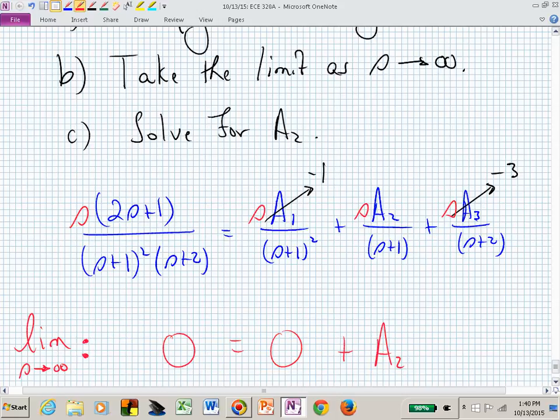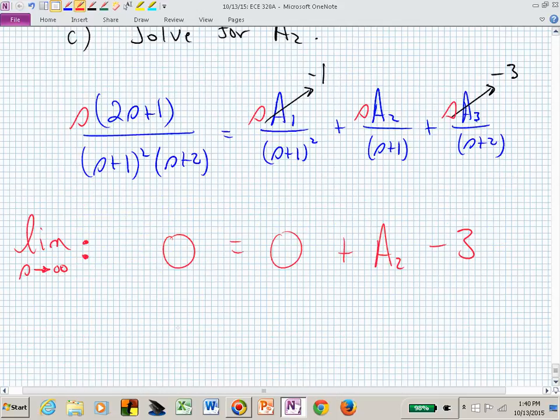And what's the last term on the right doing? It's now minus 3s over s. As s gets big, those s's cancel each other, and I now am left with minus 3. That was pretty quick, wasn't it? A sub 2 is 3.